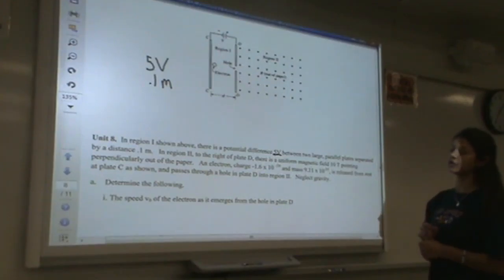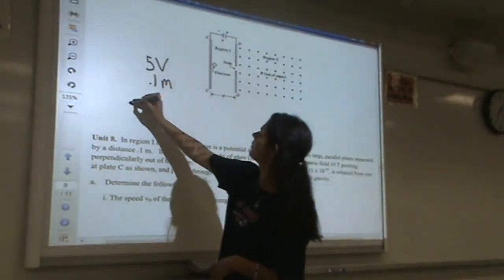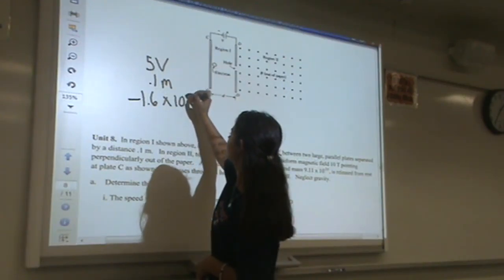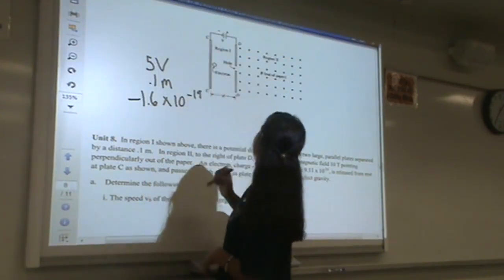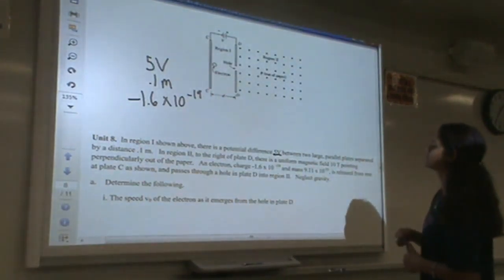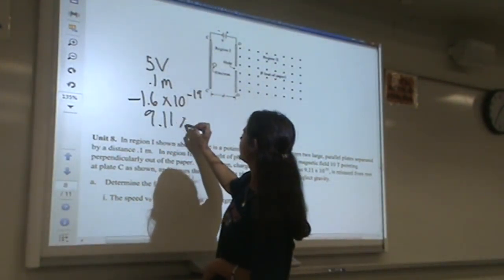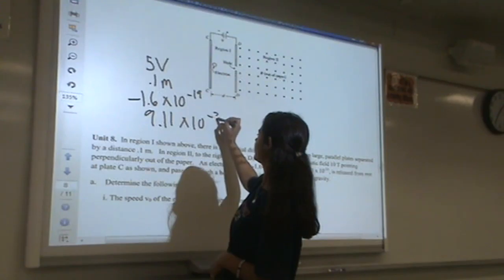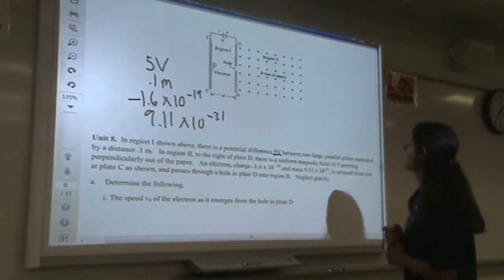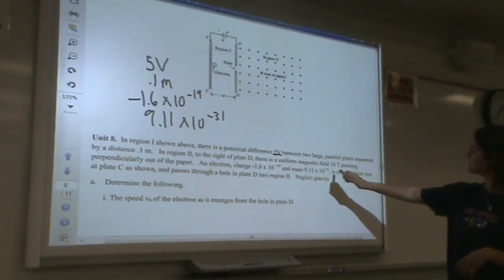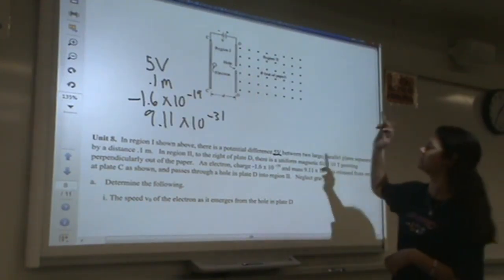The electron has a charge of negative 1.6 times 10 to the negative 19, and it also has a mass of 9.11 times 10 to the negative 31st. We also need to know that the magnetic field is 10 Tesla.